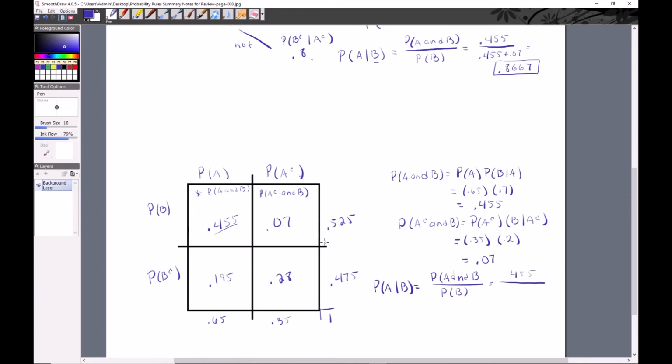And the probability of B is this, 0.525. And you'll get the same thing, 0.8667. So however you want to do it, it's fine by me.